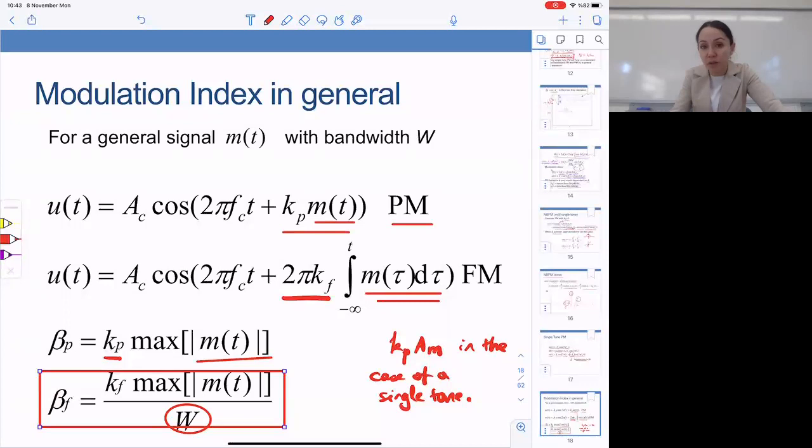The clear analytical reasoning for this will become more apparent to you later on. At the moment, I'm just giving this to you as a definition. But it sort of makes sense if you think about it, because beta, the modulation index, controls sort of how much the message itself affects the phase in PM.